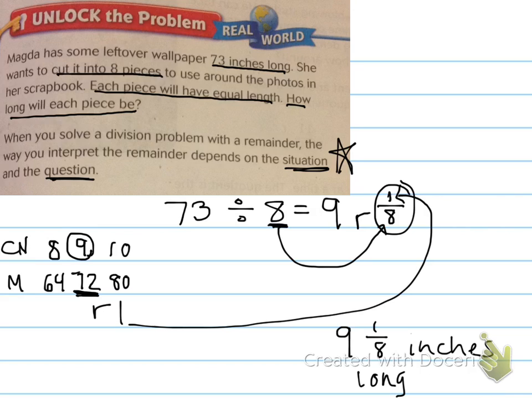So really any problem where you can cut up pieces of bread, pieces of paper, string, anything like that where you can cut it any length, a fraction of an inch, a fraction of a foot, anything like that, you can use a fraction as your remainder. Remember, your divisor is the denominator. Your remainder becomes the numerator.